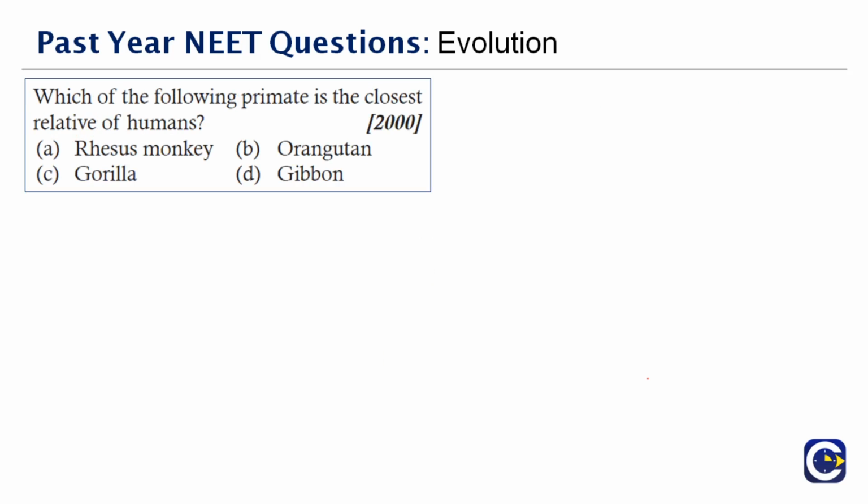Which of the following primates is the closest relative of humans? Very easy question. I said two animals come under two apes. One was chimpanzee and the other was gorilla. Now if you look at the four options, we don't have chimpanzee here. We have gorilla, which is the second most close relative of man. Therefore, the right answer to this question will be gorilla.